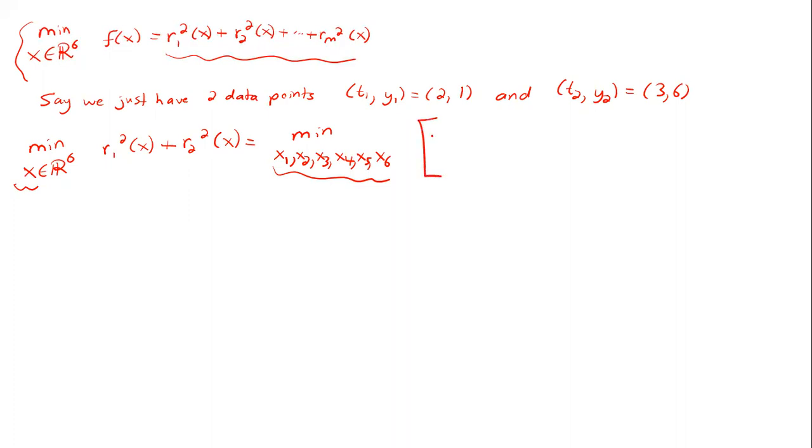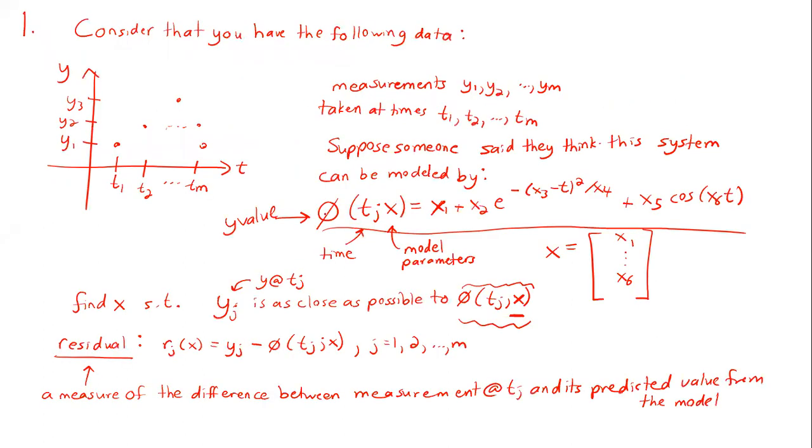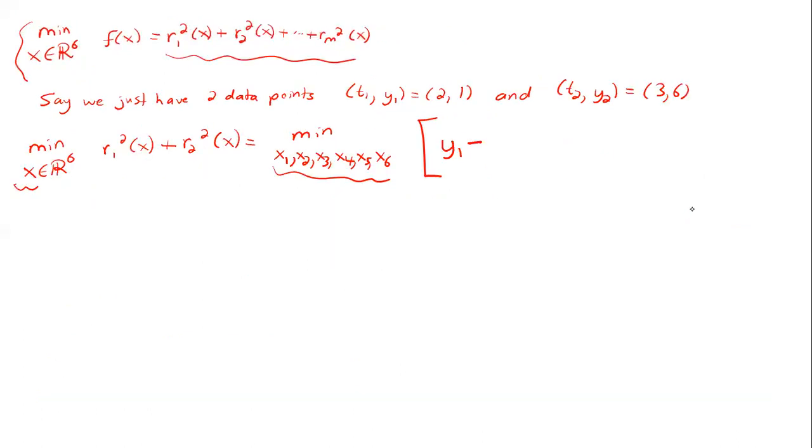So find the minimum value of, and let's write out our residuals explicitly. So it's y1 minus, and then we're going to subtract off what we would get for this if t was t1. So it will be minus x1 minus x2 e to the negative x3 minus t1 squared over x4 minus x5 cosine of x6 t1.